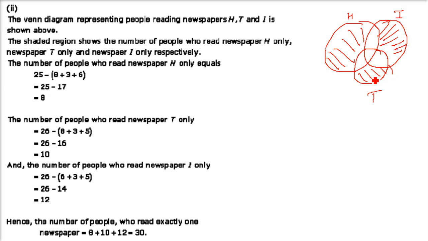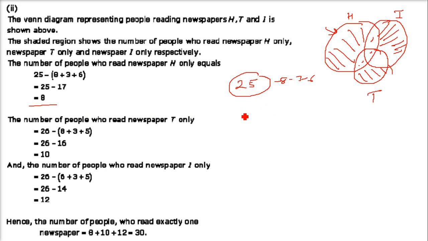First, for the number of people who read H only, the total for H is 25, but we have to subtract this and this, that is 8, 3 and 6: minus 8, minus 3, minus 6. So this is going to be 8.